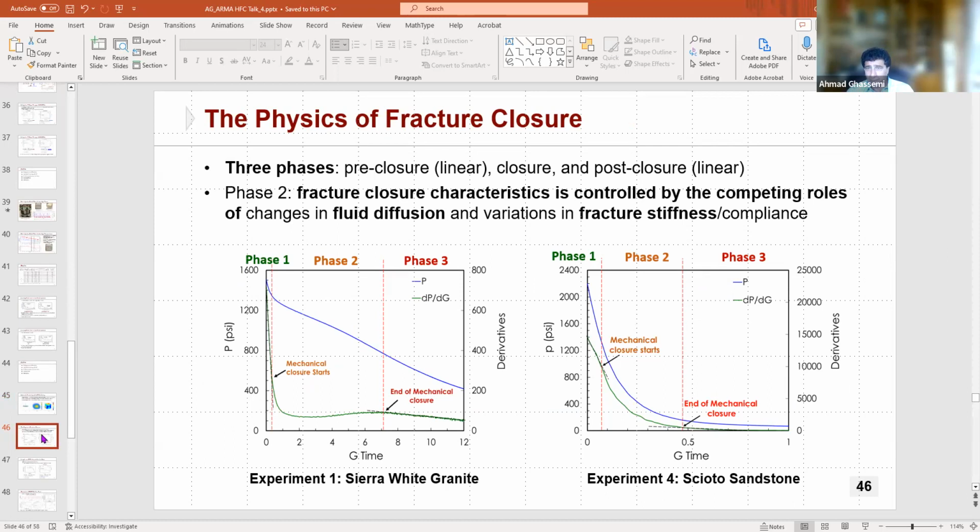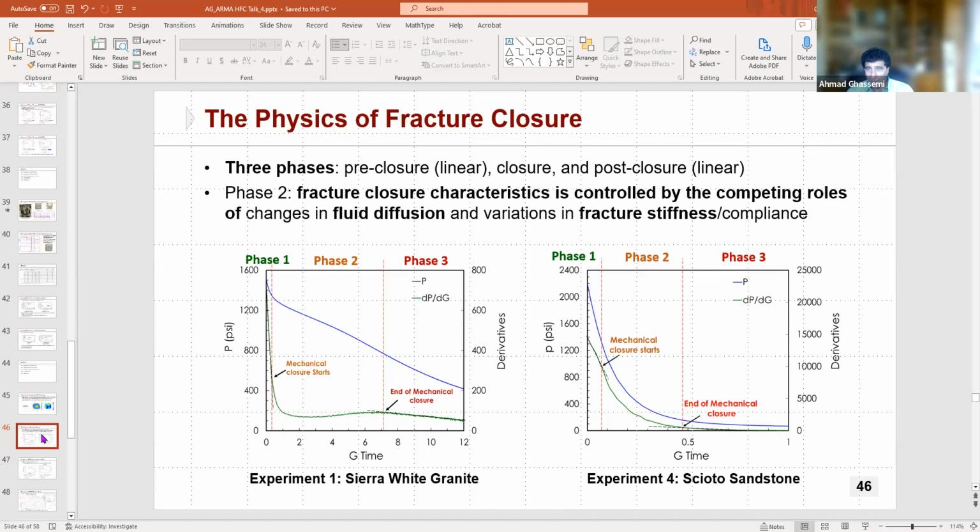On the physics of closure, our results suggest that there will be different stages of fracture closure: phase one representing possibly a hinge closure, transitioning to a zipper style closure, and then ending with mechanical closure, still having a hydraulic pathway within the crack.